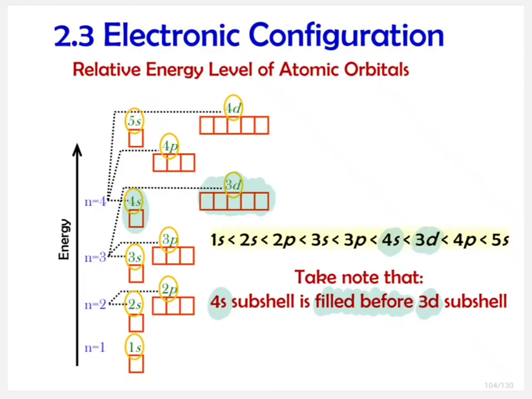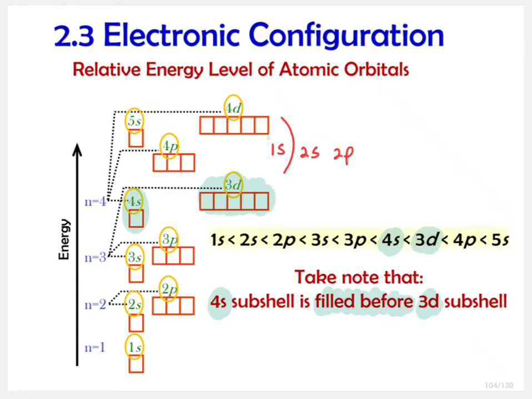But here I also want to explain to you that although we fill in 4s first, do not confuse, the 3d orbital masih di energy level 3. Contoh, dekat energy level 1 kita ada 1s. Ni dekat shell yang pertama. Energy level 2 kita ada 2s dan 2p.